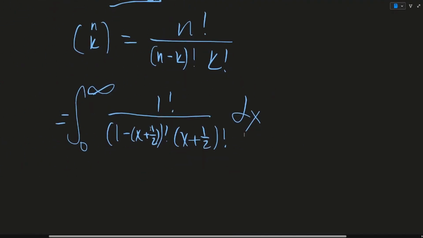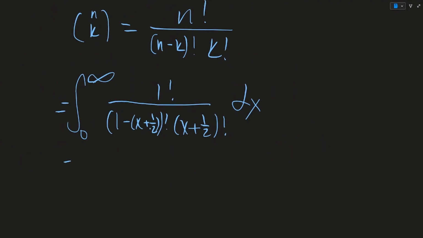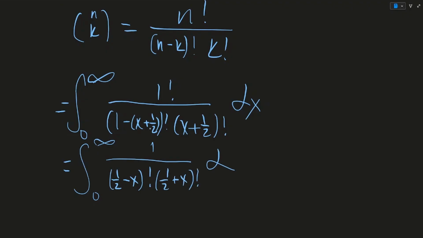And we can simplify this a bit further to get 1 over (1/2 minus x) factorial times (1/2 plus x) factorial with respect to x.